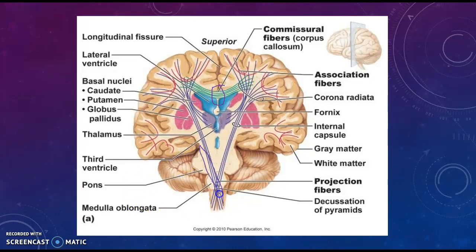The purple are going to be your projection fiber tracts. So you can see they're bringing information from the cerebral cortex down to the diencephalon and the brainstem. And then these pink tracts here are going to be the association tracts, which are just connecting areas within the right cerebral hemispheres or the left cerebral hemispheres.